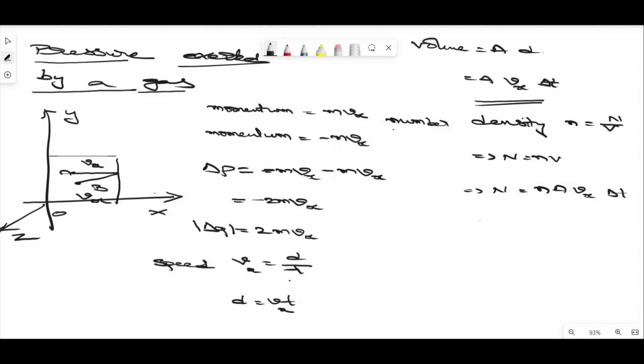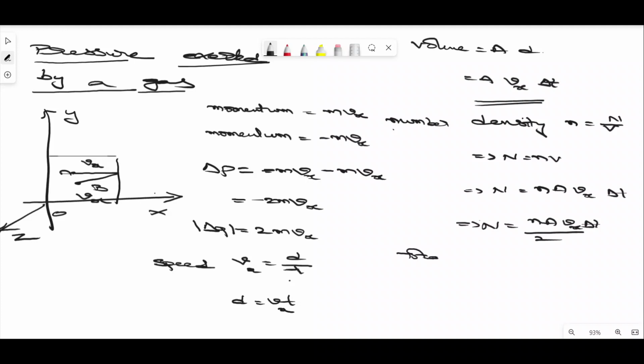So here observe that, if we consider the number of molecules, as we had considered a single molecule, then half of the molecules will reach point B. Then half of the molecules can be given as n into A into V suffix S into delta T by 2. This represents the half of the molecules.